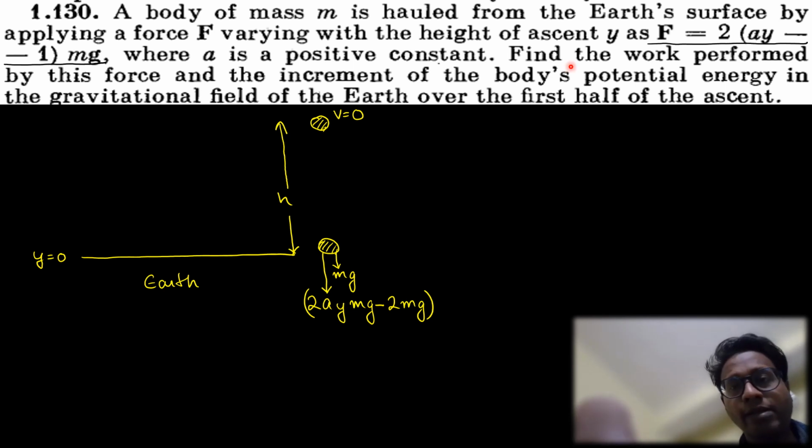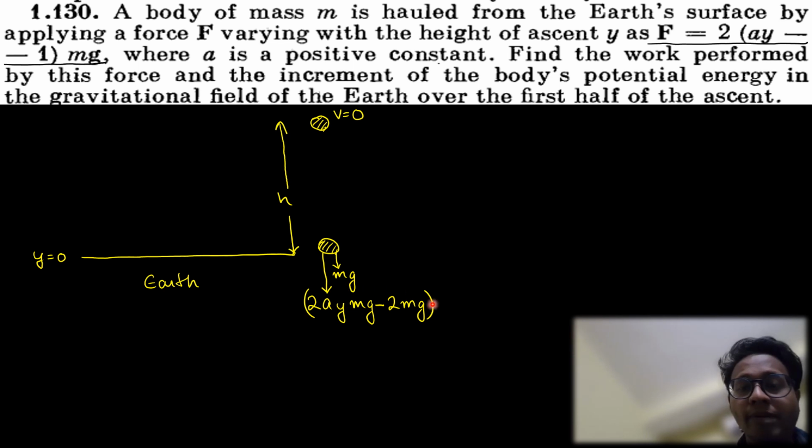Fair and fine. Now the question is saying find the work performed by this force and the increment of body's potential energy in the gravitational field over the first half of the ascent. That means while ascending, or while going up, this force will do some work.